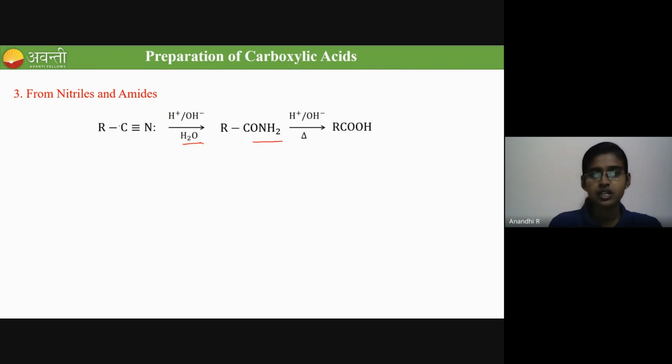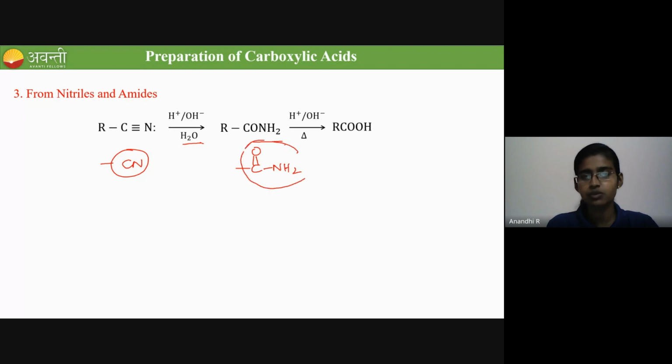So here the CN group is getting converted to C double bond O NH2, which is called the amide group. Then this amide on further hydrolysis with acid or a base and on strong heating forms the corresponding carboxylic acid. Here the NH2 group is getting converted to OH group.